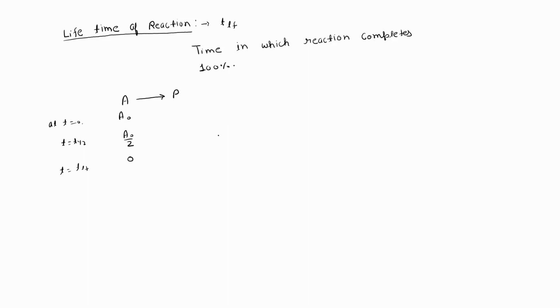Okay. So if we use the equation t is equal to 2.303 by k log A naught by A, then t LF is equal to 2.303 by k log A naught by 0, which is infinity.